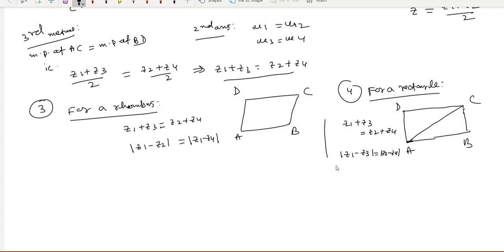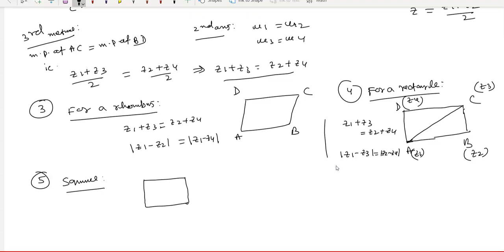AC length, you know, if this is Z1, Z2, and the last one for a square, fifth one. If it is a square, what additional condition are you going to get? Here, you can give the answer this way also.